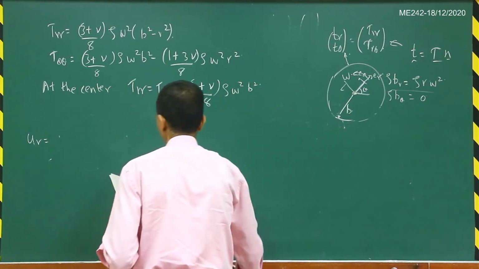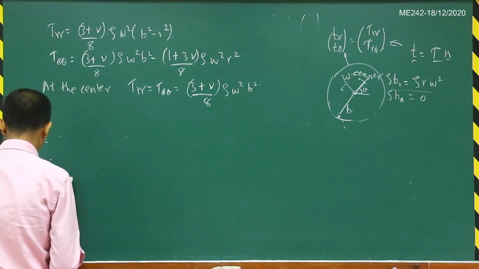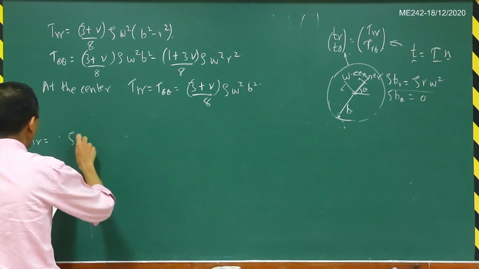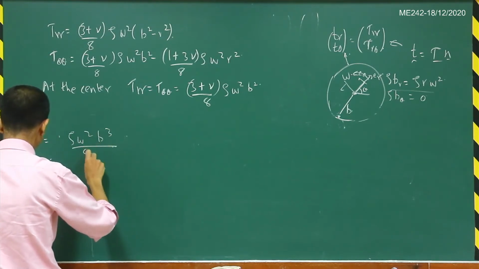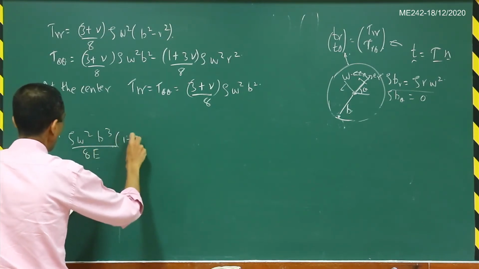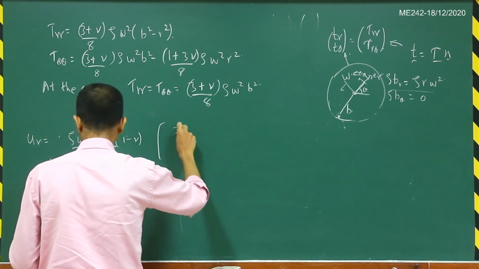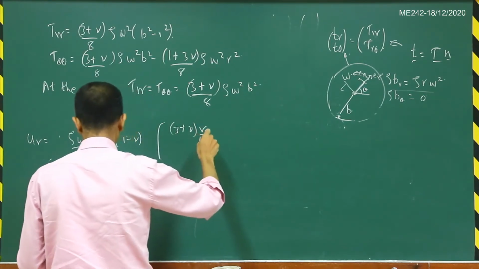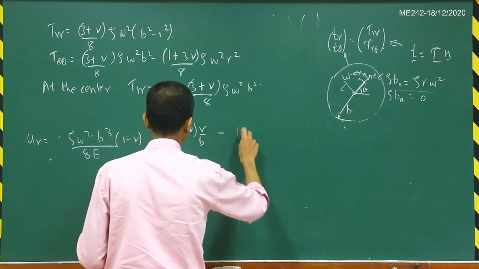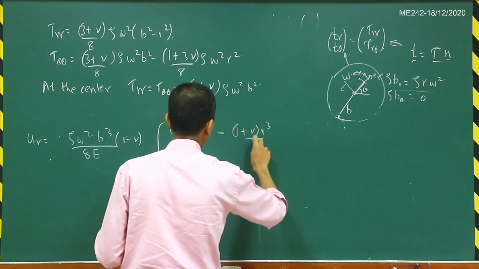So UR is equal to rho omega square times b cube divided by 8 times E into (1 minus nu) times [(3 plus nu) times r divided by b minus (1 plus nu) times r cube divided by b cube].